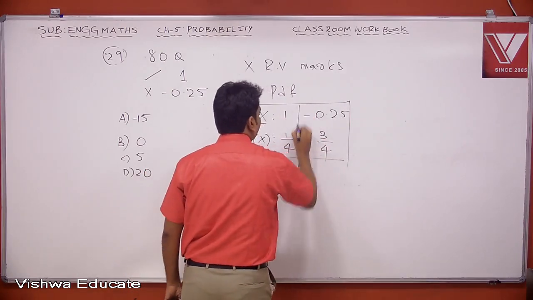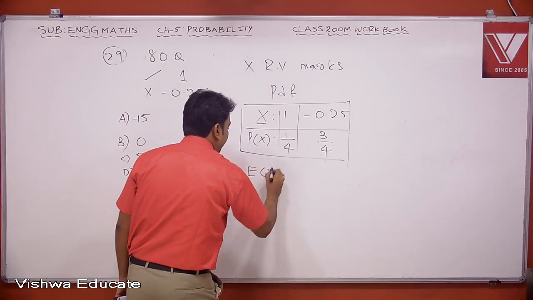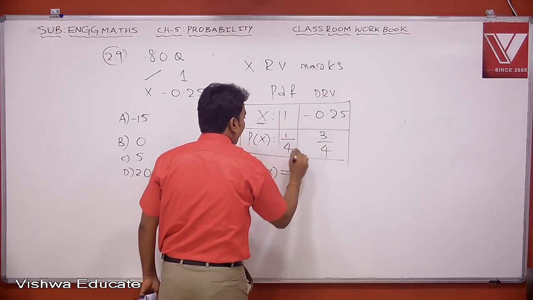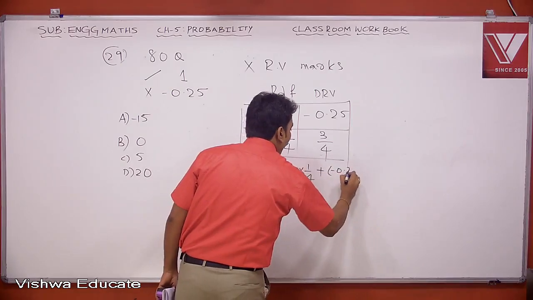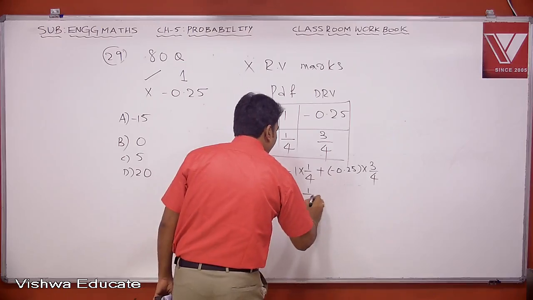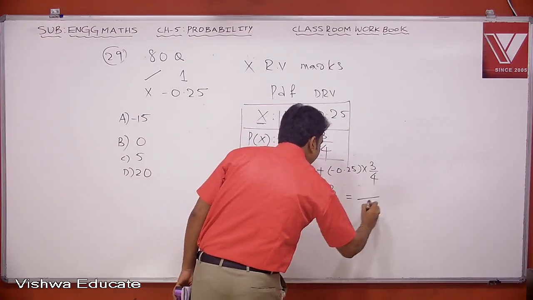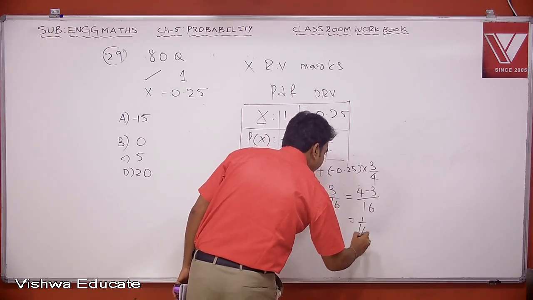Now let us find the expectation. In this case, this is a discrete random variable because X is taking 2 sample points. So this is 1 into 1 by 4 plus minus 0.25 into 3 by 4. Therefore this is 1 by 4 minus 3 by 16. With LCM 16, this is 4 minus 3, which is 1 by 16.